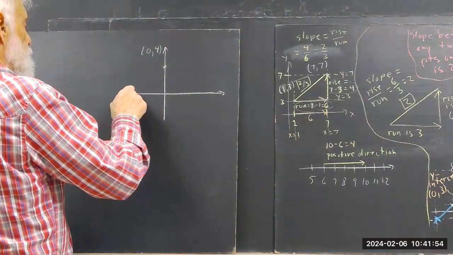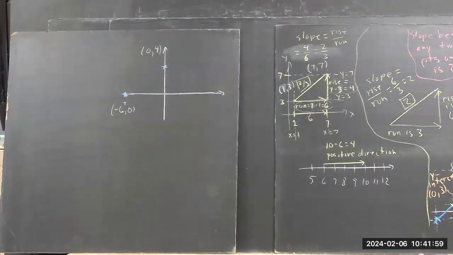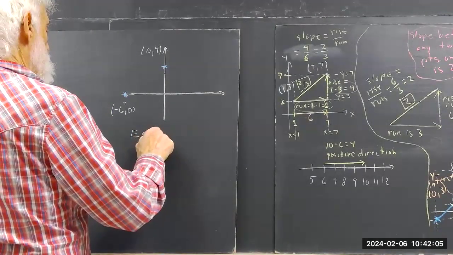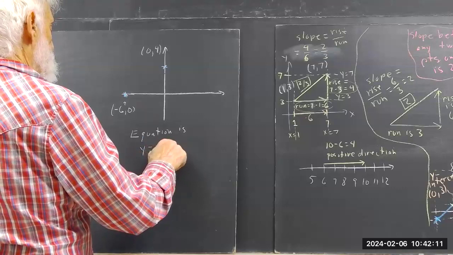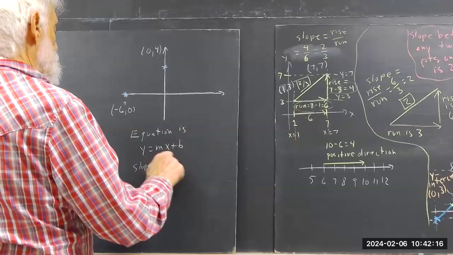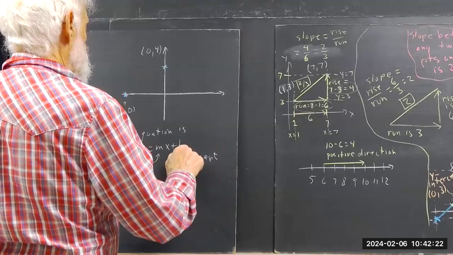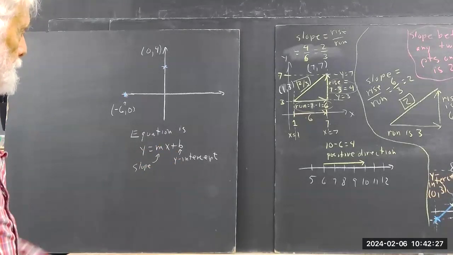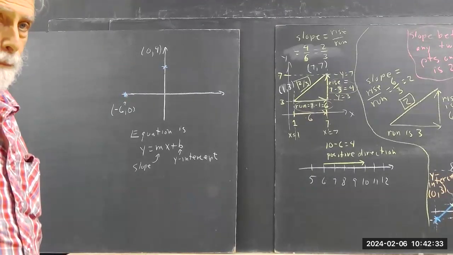So what we know is the x-intercept and the y-intercept. So M is going to be the slope, B is going to be the y-intercept. So figure out the slope.